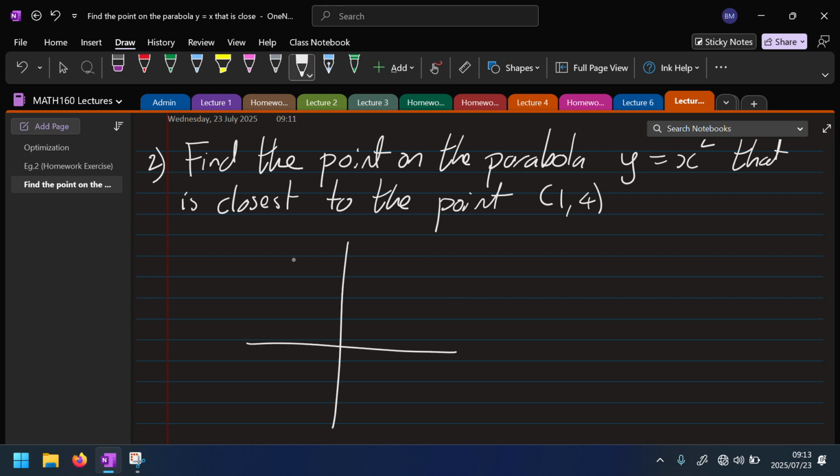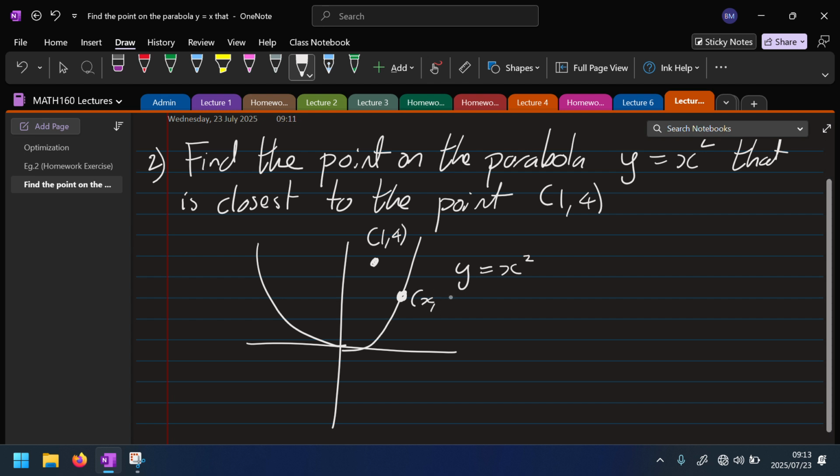Okay, so step 3 from that list of steps, set up the function. So what do we have? We've got some parabola, y equals x squared. We've got some point over here, 1, 4. We've got another point, xy. And there's some distance between them. We want to minimize that.